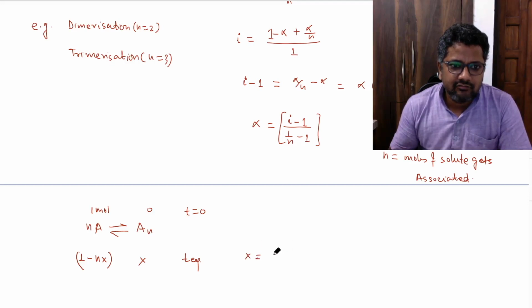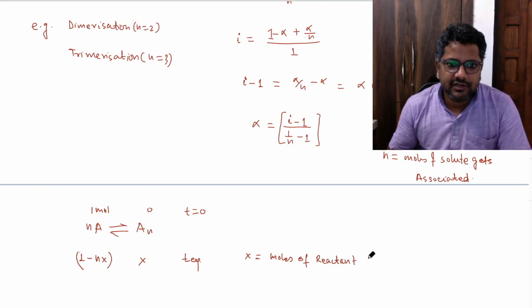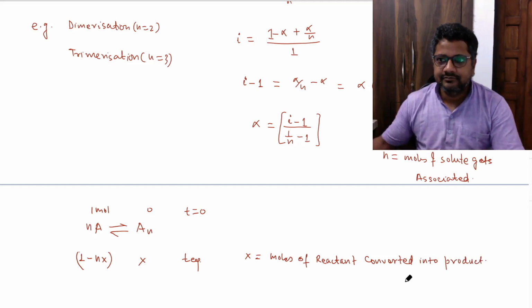X is the moles of A converted, reactant converted into product. So you have to calculate alpha.